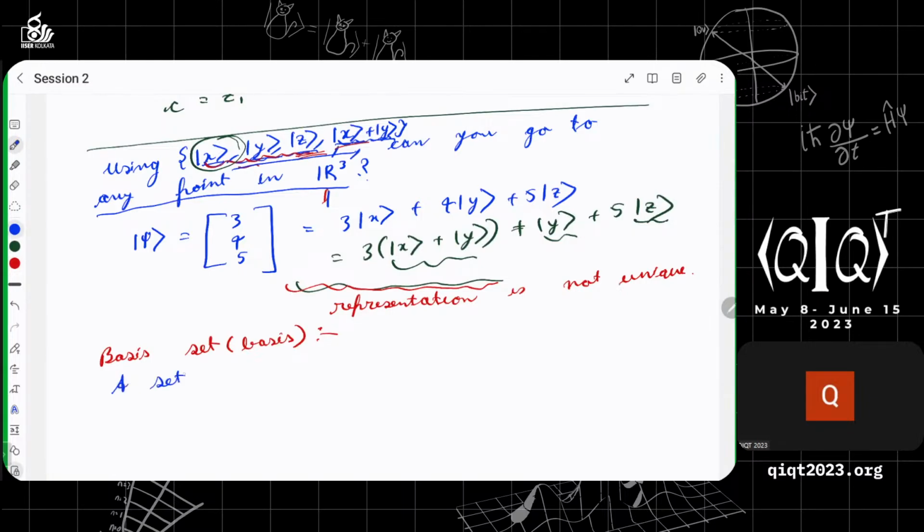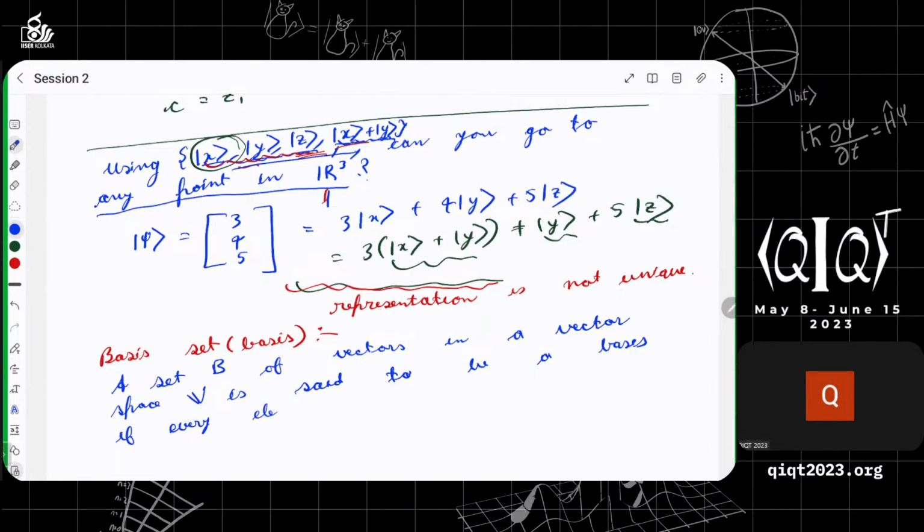So a set B of vectors in a vector space, say V, is said to be a basis if every element of V can be written as a unique linear combination of the elements of B.